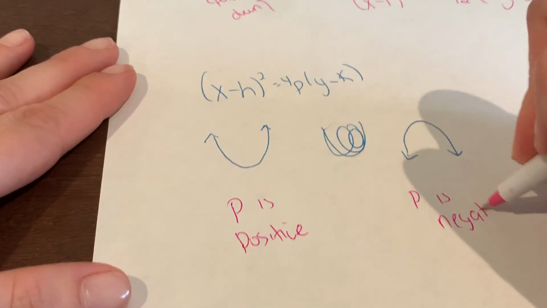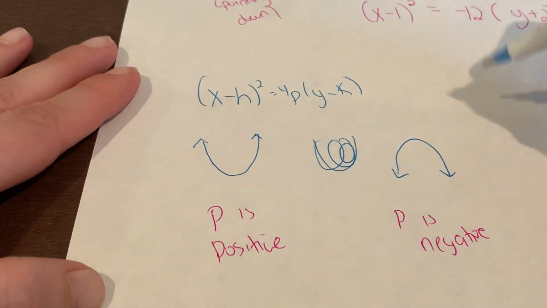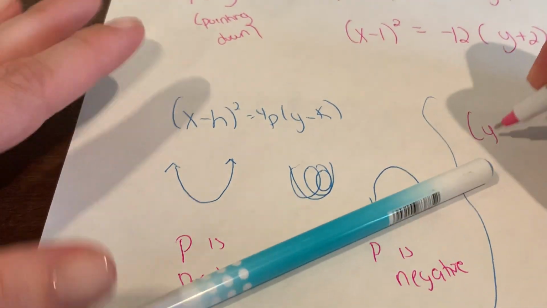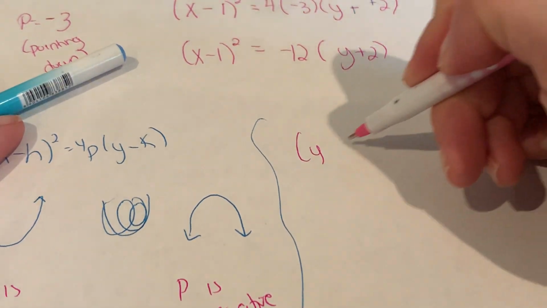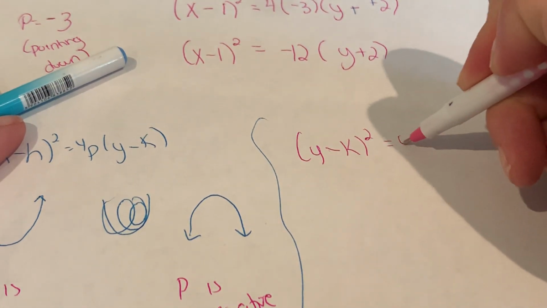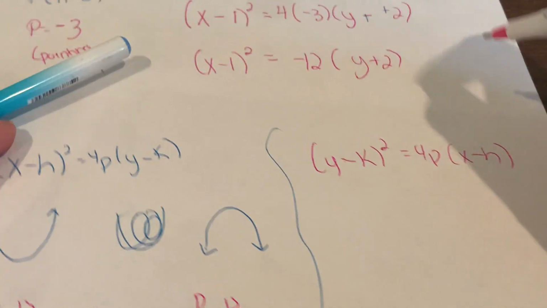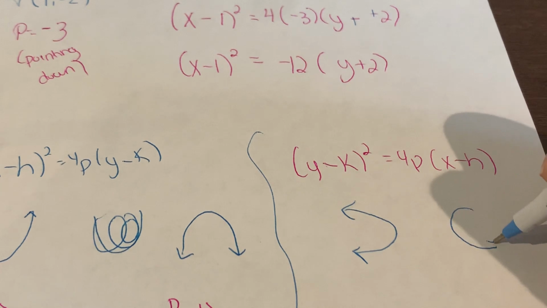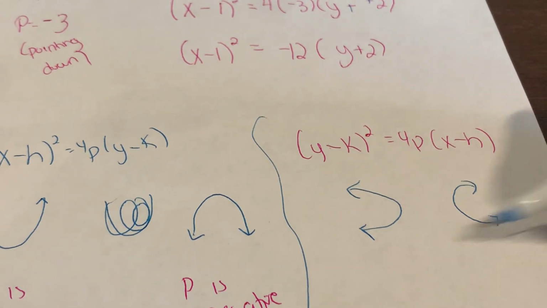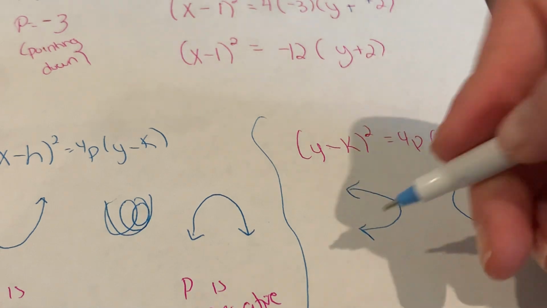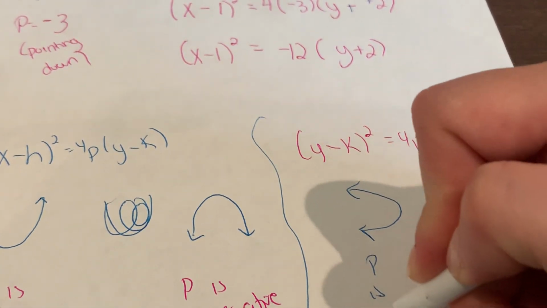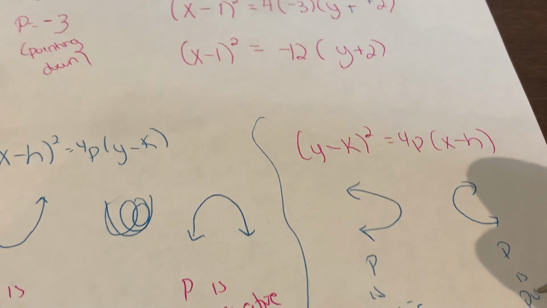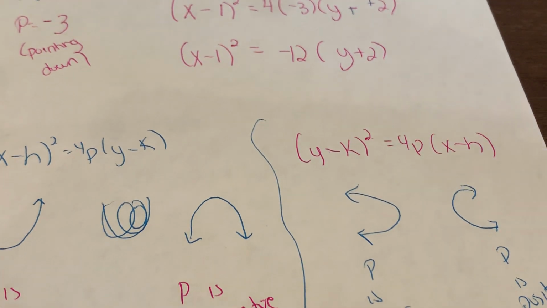Vice versa, if we have the y being squared, now we know it could be either facing left or right. Think about the x-axis. It also points left or right. To the left, a negative number, so p is negative. And to the right, p is positive. Because if you think about the x-axis, to the right, the x values are positive.